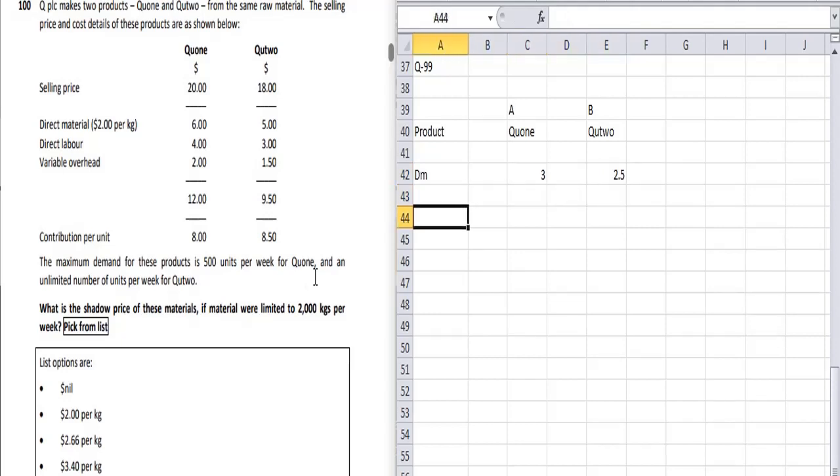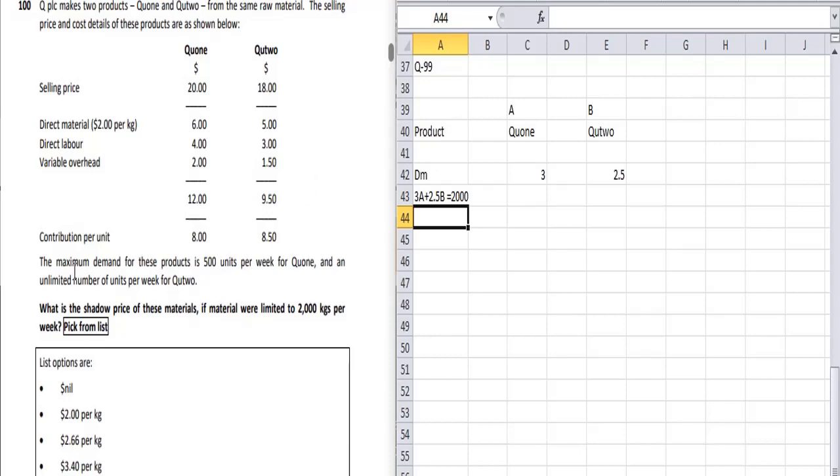Right, so we can form an equation: 3A plus 2.5B equals 2000 kg, because material is our constraint, the limiting factor, the scarce resource.